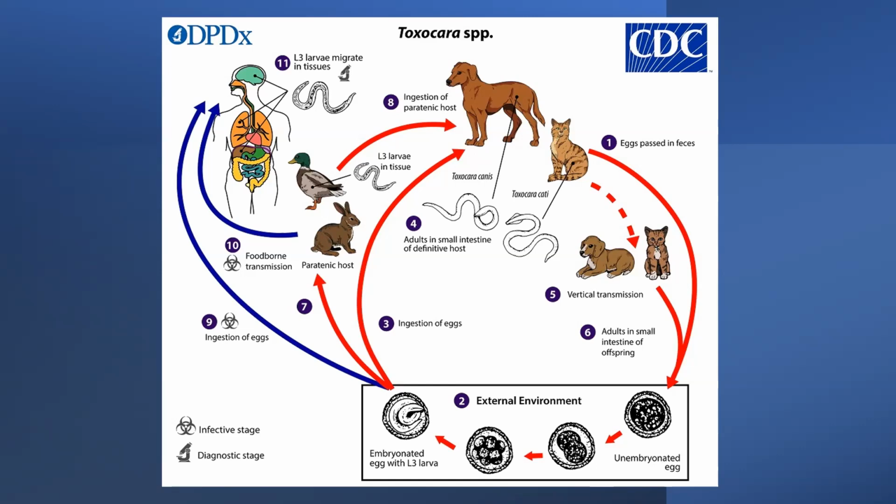They can be passed from mother to offspring in animals, and as you can see here, they can also infect wild animals and game, or they can infect human hosts, again through some way of ingesting them. And here in humans, they can infect your lungs, your liver, and even your brain.